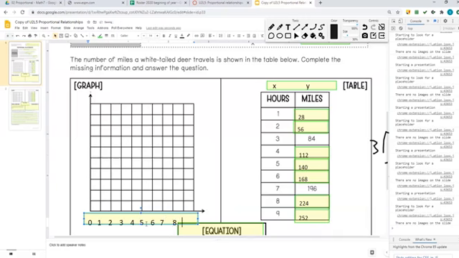Eight and 9. Now we're going up to 250, and we've got 1, 2, 3, 4, 5, 6, 7, 8, 9, 10. So we really want to go up by about 25 each time. So we're going to have 25, 50.